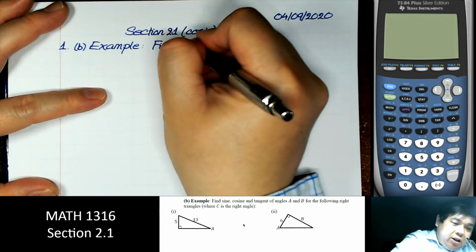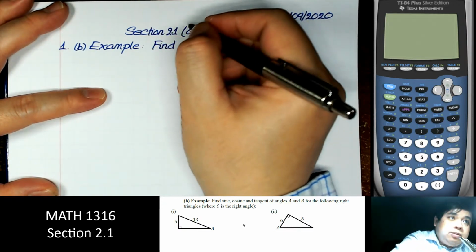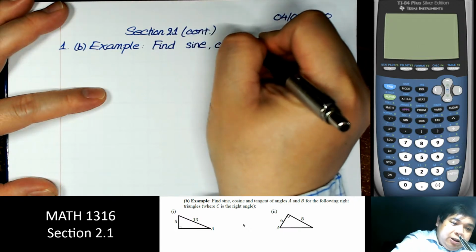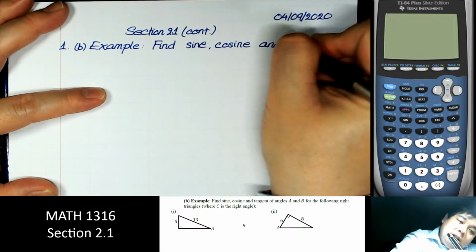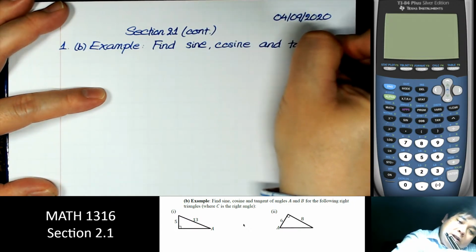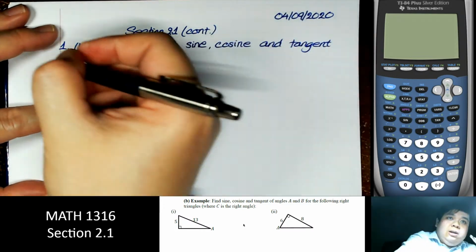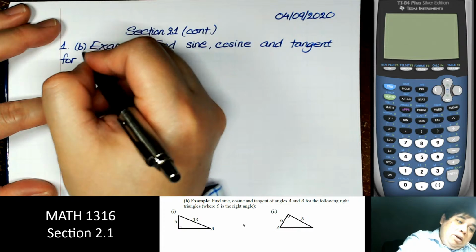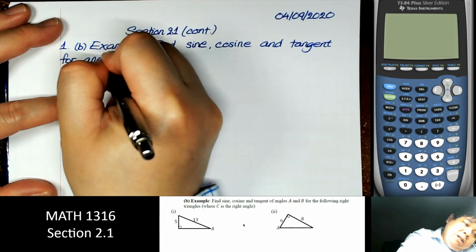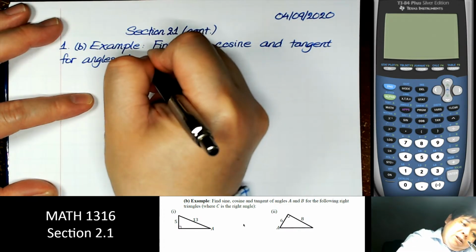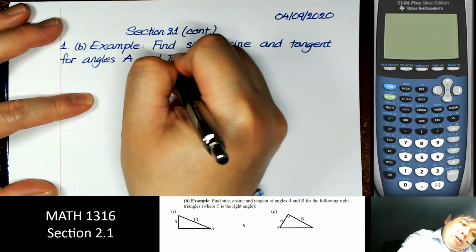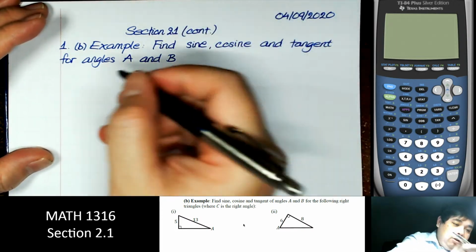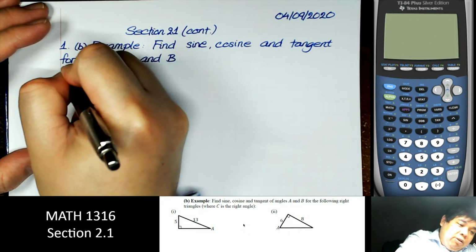Now we'll find sine, cosine, and tangent for angles A and B. Now we have the first example.